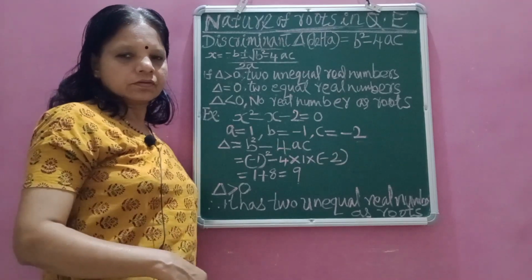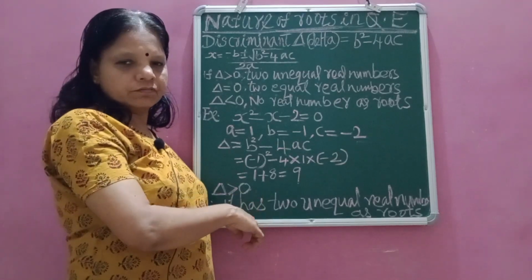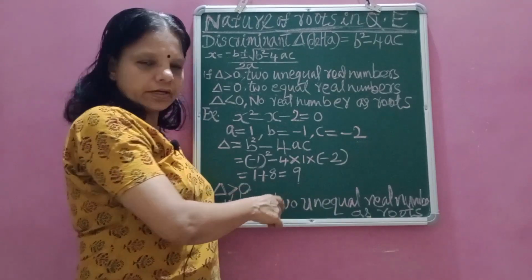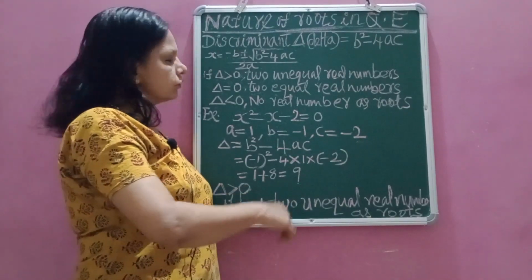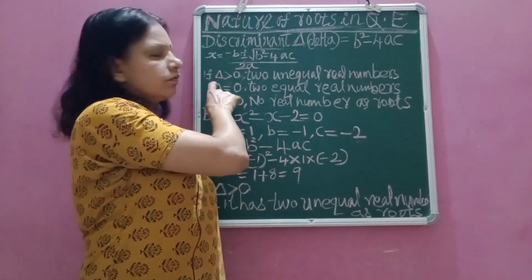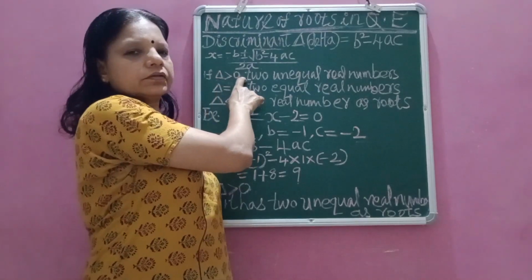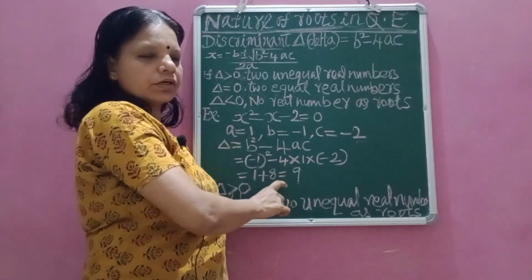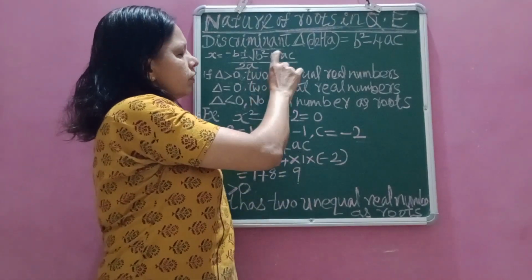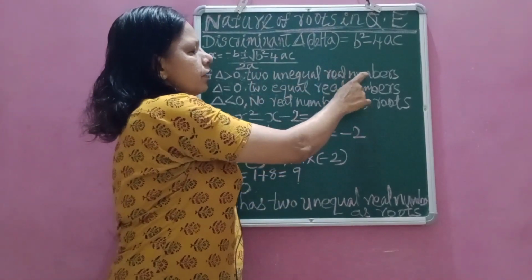So what is the condition? Here we got positive value. b square minus 4ac is 9. It is positive. So which is the first case it is? When delta is greater than 0. So this equation has two unequal real numbers.